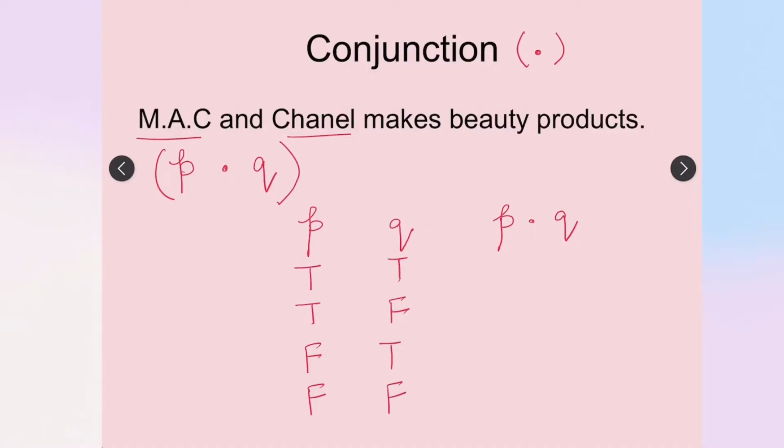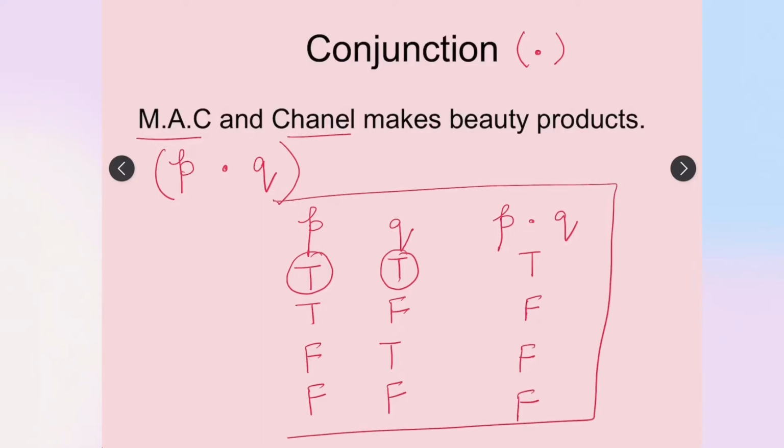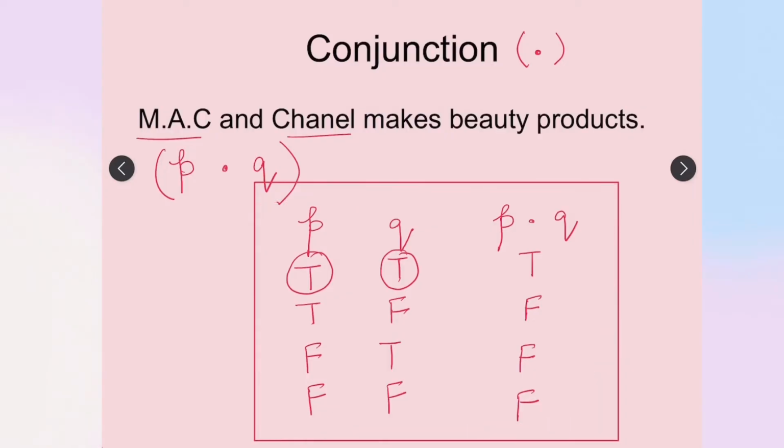In this particular case, when both the conjuncts are true, then it will be true. In the other cases it will be false. So again this is very important, the table for conjunction.